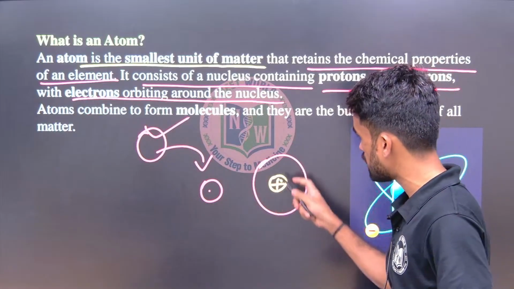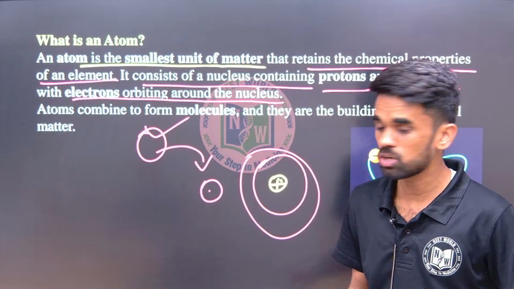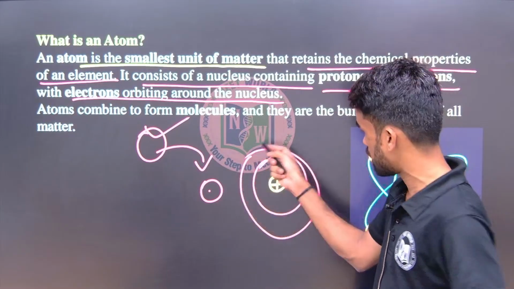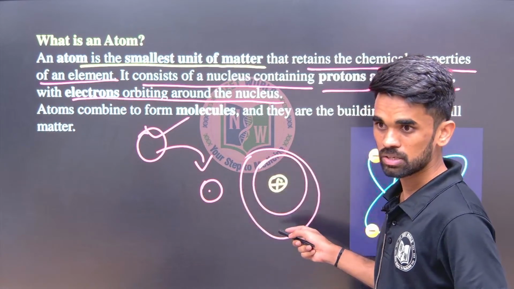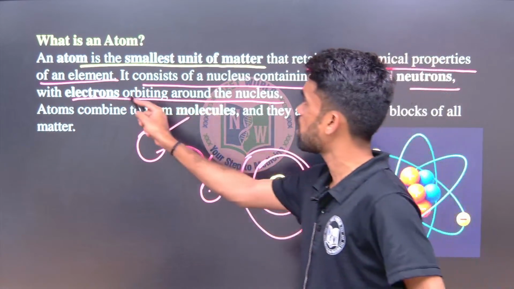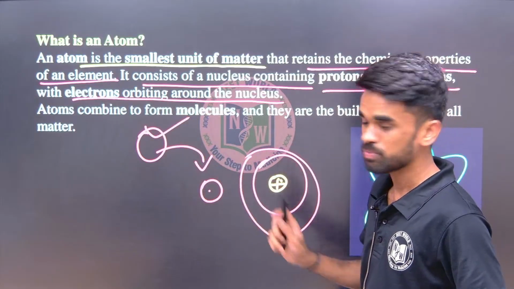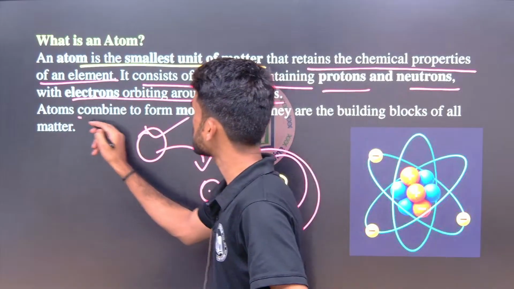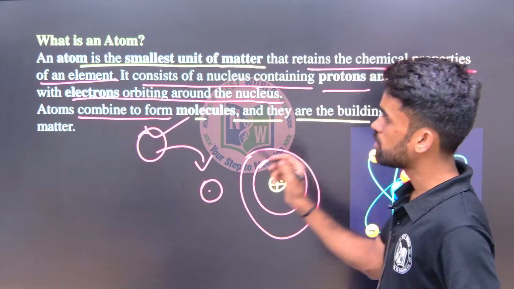If this is a nucleus, in these orbits we have electrons revolving; these are called orbits, that is why they say orbiting. So atoms combine to form molecules and they are the building blocks of matter.